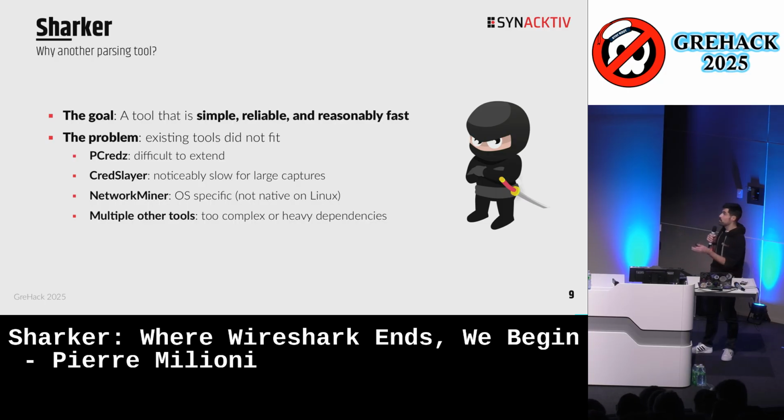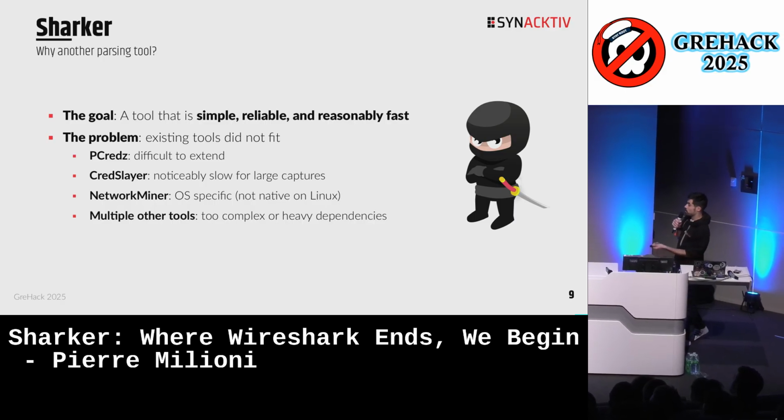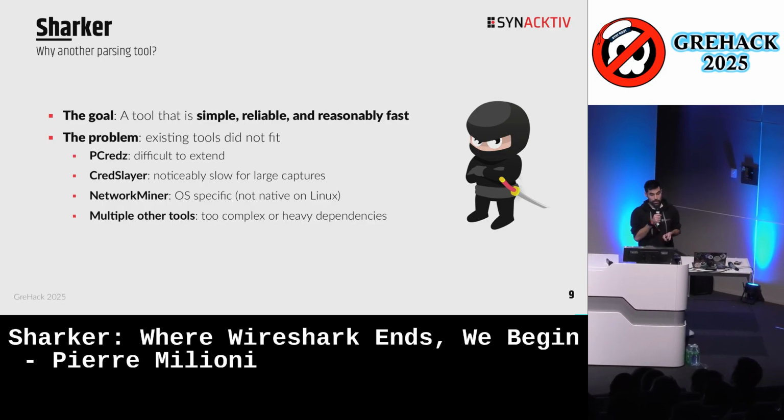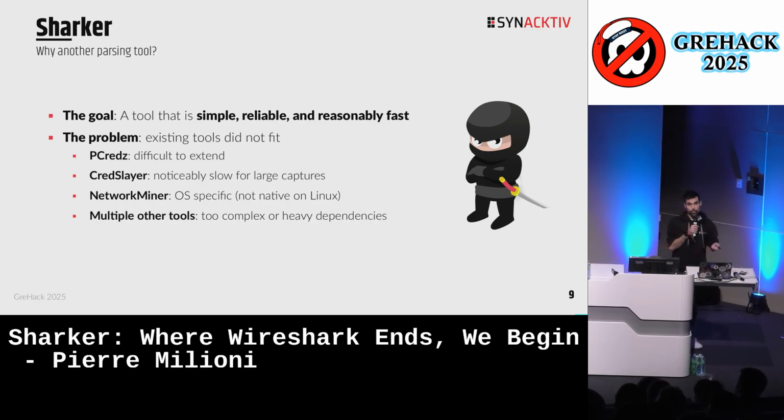Basically, as an example, PCredz, probably the most widely known, is quite difficult to extend since it relies on Scapy and manual parsing of packets. It's quite tedious to actually implement new filters. There is CredSlayer, which is quite similar to Sharker, as we'll see. However, it remains slow on larger captures, so not really usable in that case.